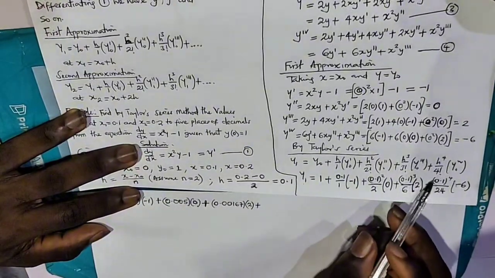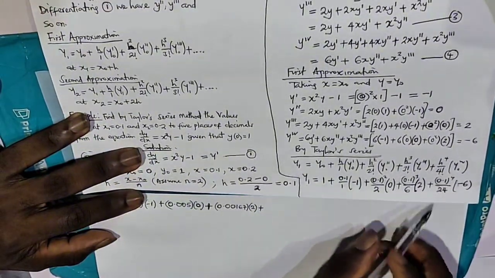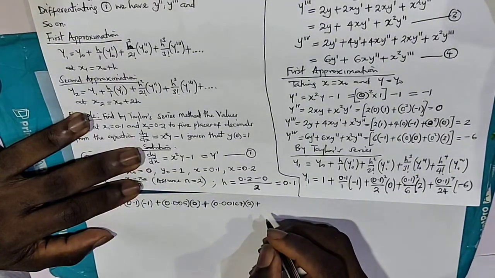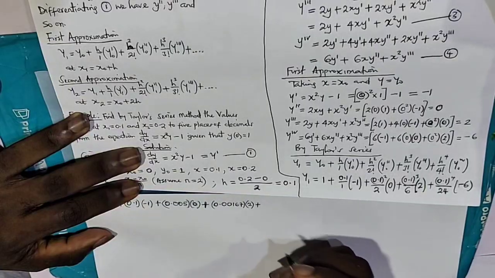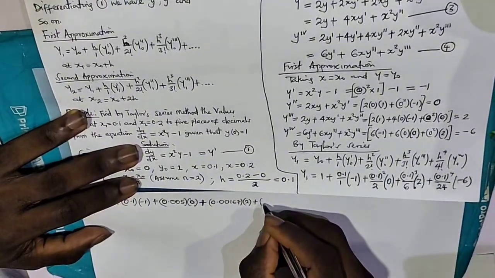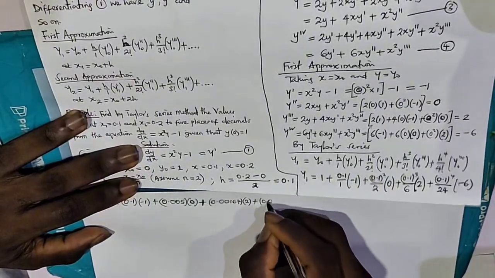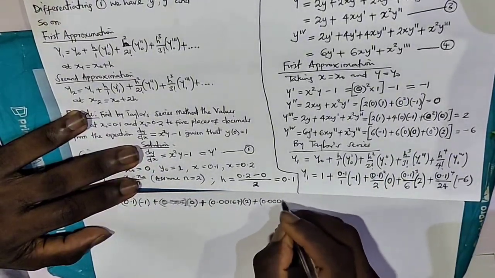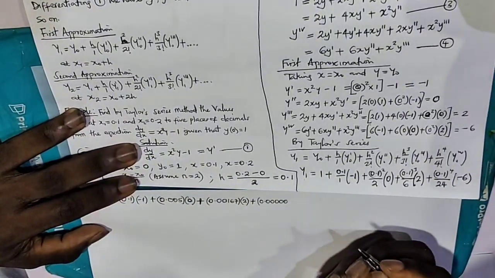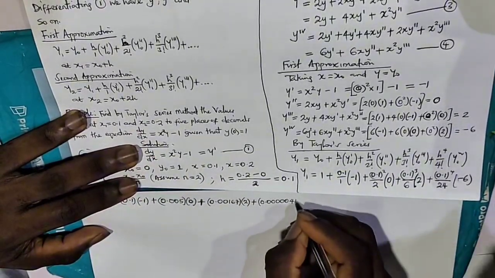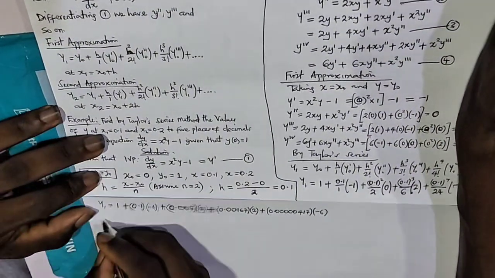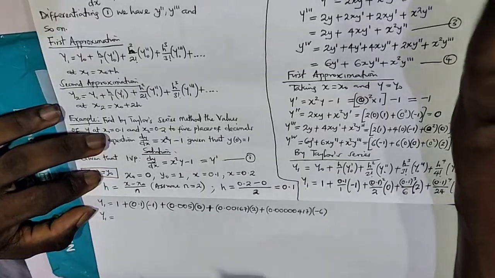Then the last one, 0.1 to the power of 4 divided by 24, gives us 0.0000417, multiplied by minus 6. So could you please calculate all of this for me?